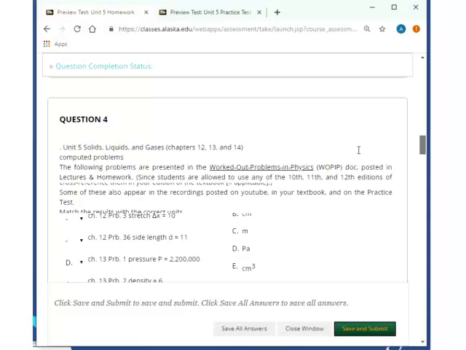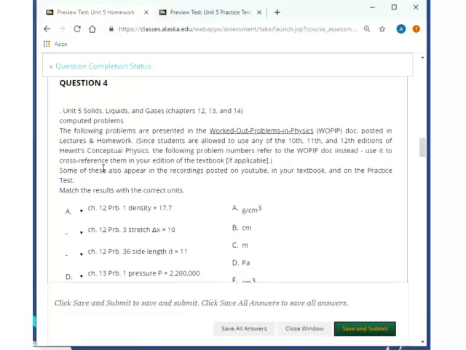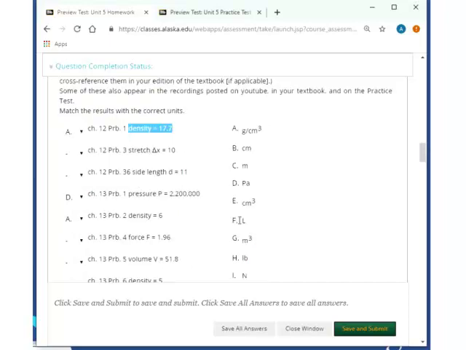These here, check the worked out problems in physics. I'm just going to give a couple away. Of course, when you see density 17.7 here, it probably matches up with grams per cubic centimeter. Down here you have another density, so that would be recycled, or used again. Here you have pressure 2.2 million, and that ought to be in the metric unit, which is the Pascal.